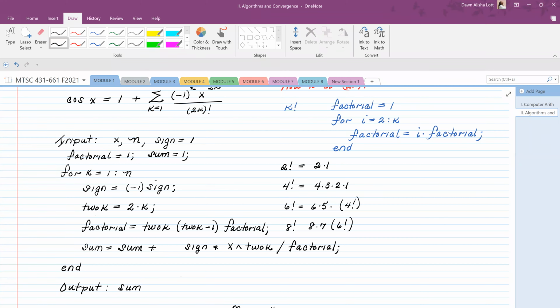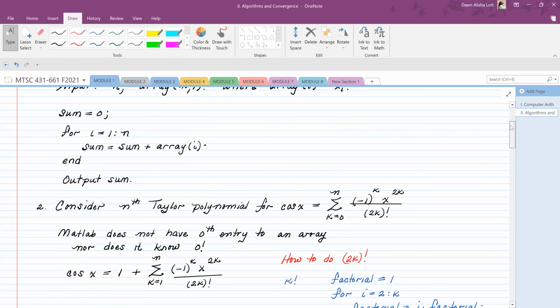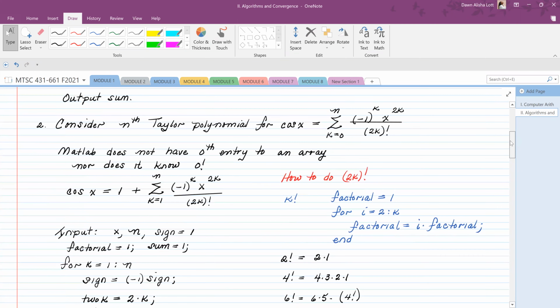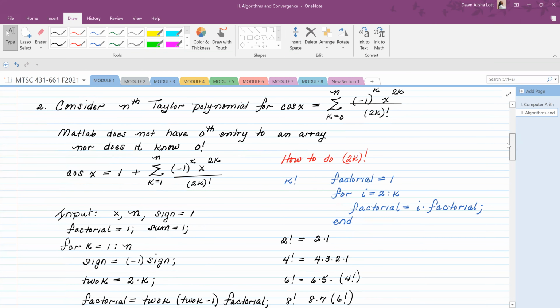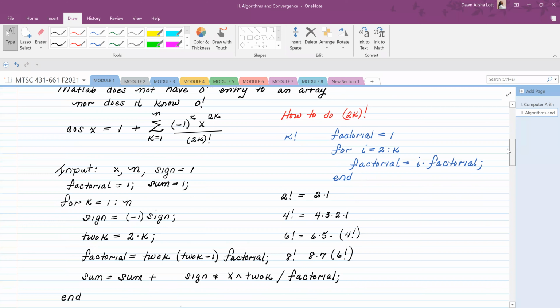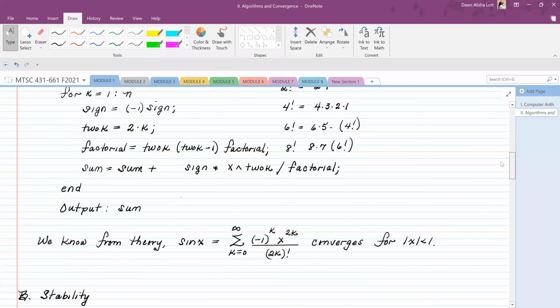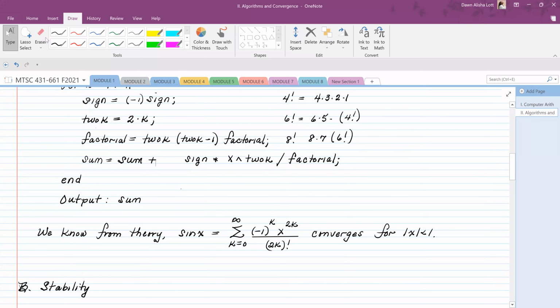Okay. Cosine is the even one, sine is the odd one. So that computes the sine. So let me go back and make sure I don't have. Okay, now that's right. Okay, so I need to change this to cosine.